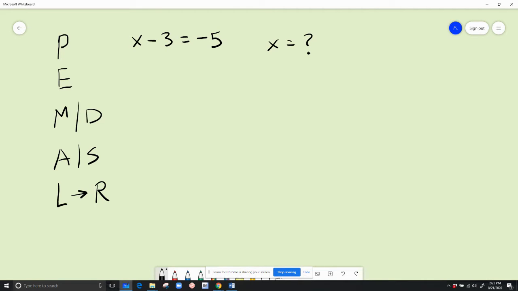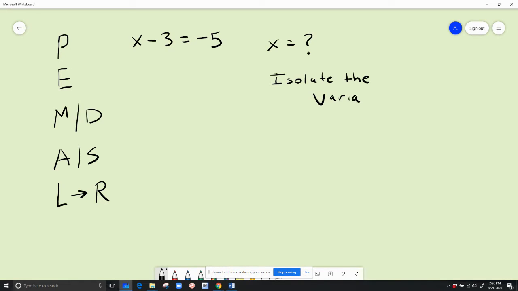That's what we're solving for. Okay, what does x equal? So the only way to do that is to make sure that we are getting x all by itself. That's the ultimate goal. So the ultimate goal is to isolate the variable.